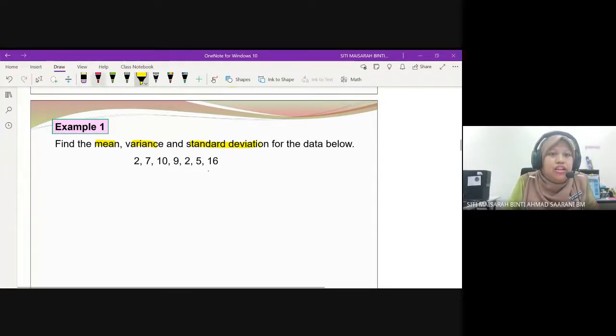So jadi mean, X bar is equal to sum X over N. So sum X berapa? Masuk dalam kita kira. 51. 51.